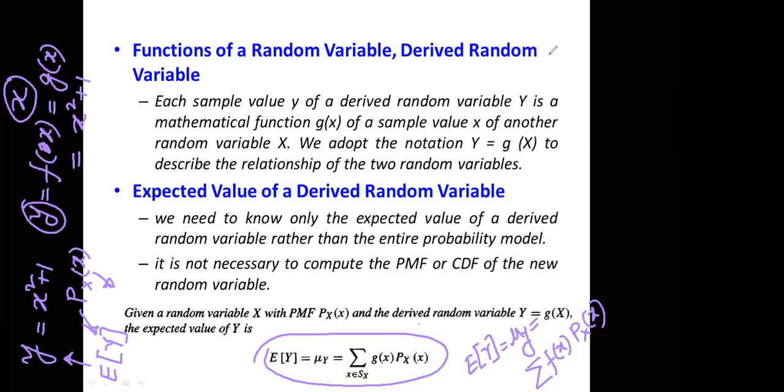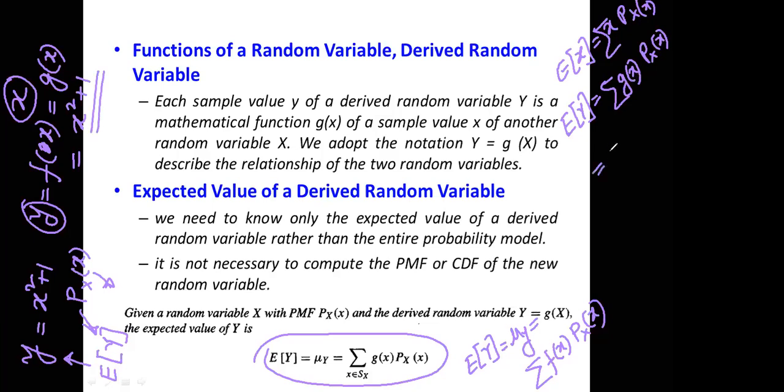Normally, what is the E of X? That is equal to summation of x p of x, isn't it? But when I'm talking about E of Y, then instead of x, I will put function of x. Others are same. Do you understand? What is the g of x? g of x is equal to x square plus 1.